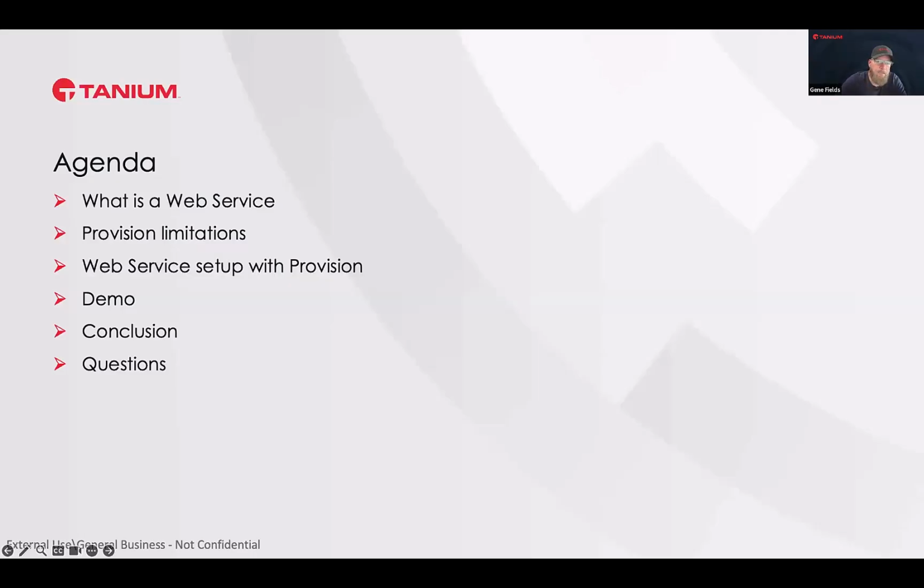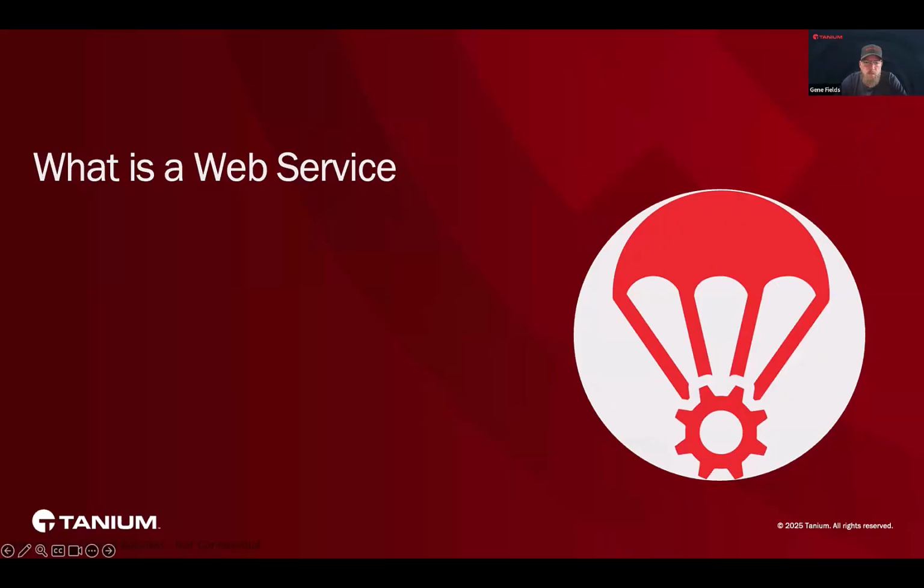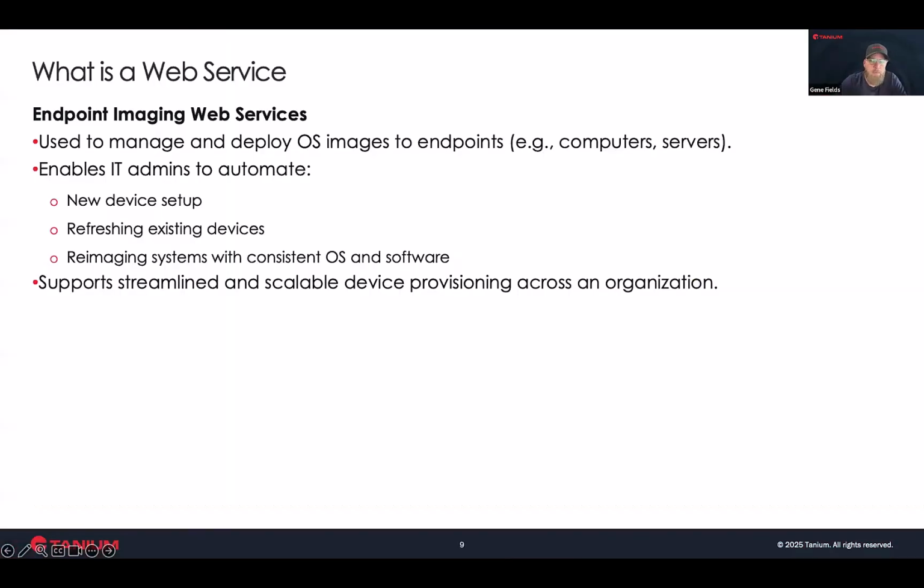So first, what is a web service? Well, a web service is a standardized way for applications or systems to communicate over the internet or the network. It allows for different software on different platforms, or written in different languages, to work together.